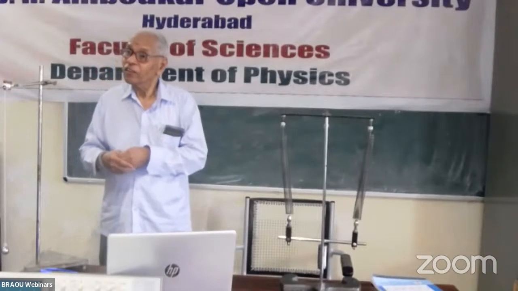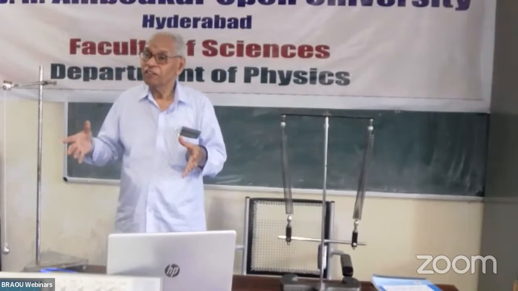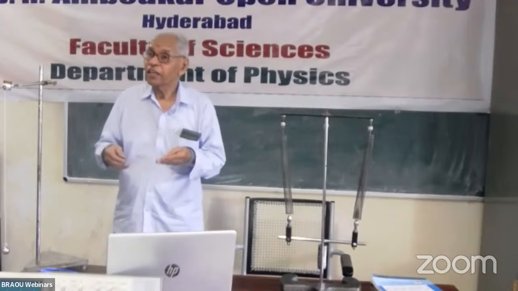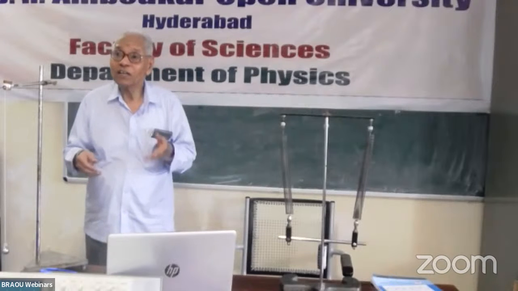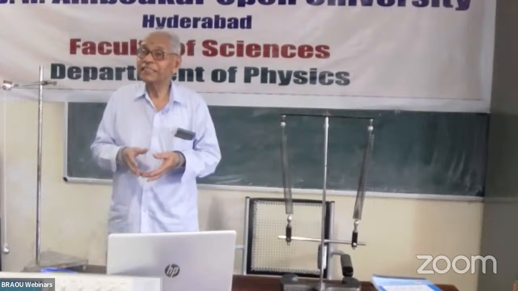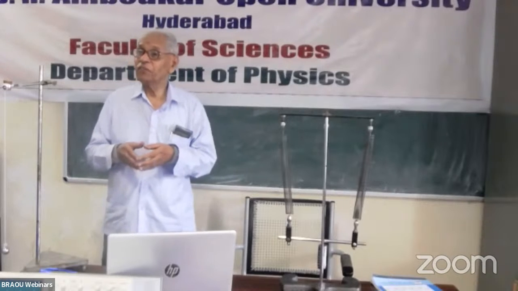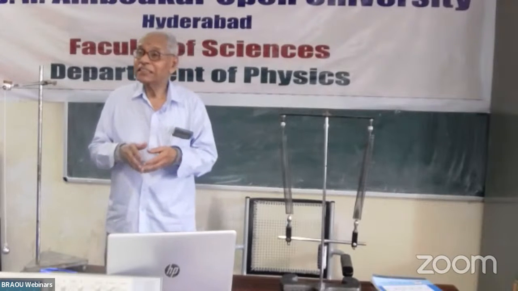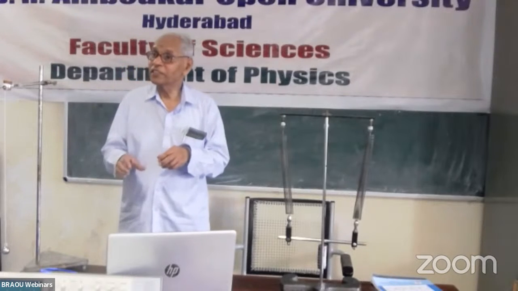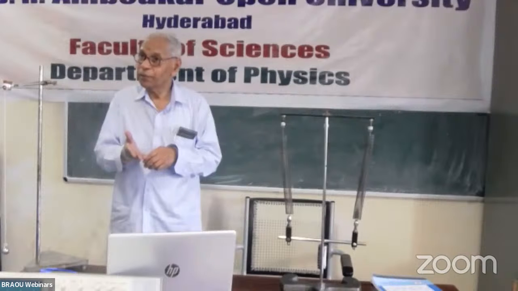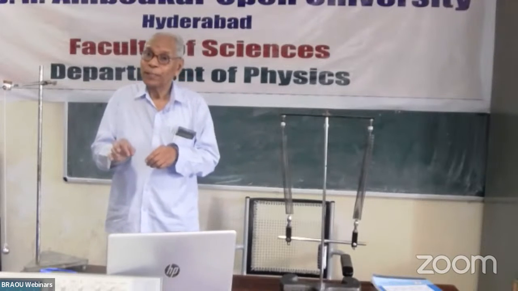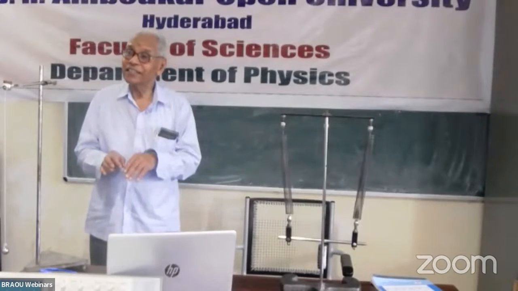Why? Ultrasonics are very conveniently produced by a crystal called quartz crystal. The quartz is hexagonal, a 6-faced crystal, and you cut that perpendicular and prepare a slice in one direction called X direction.